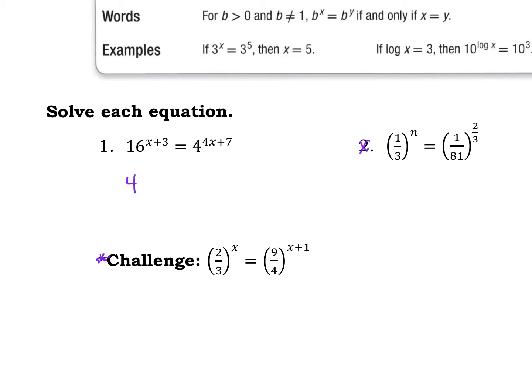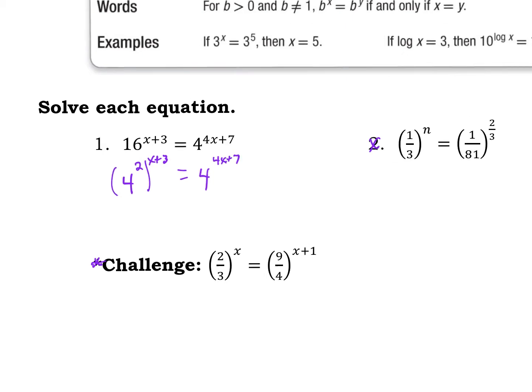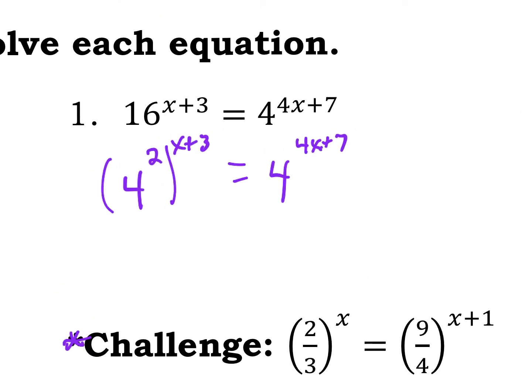Reminder that if we can, we rewrite the base so that it's the same. So 4 squared is equivalent to 16. And so now we have the same base. And so now we can distribute here, and we get that 2x plus 6 is equal to 4x plus 7.